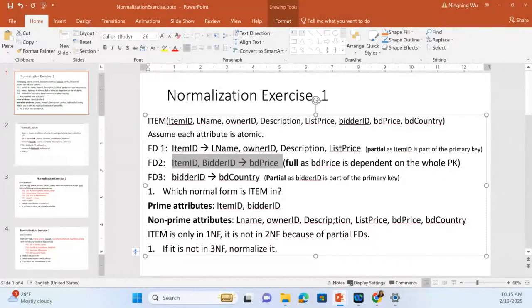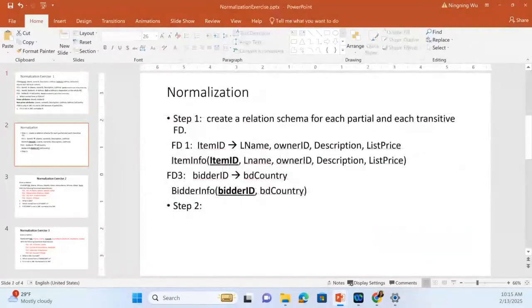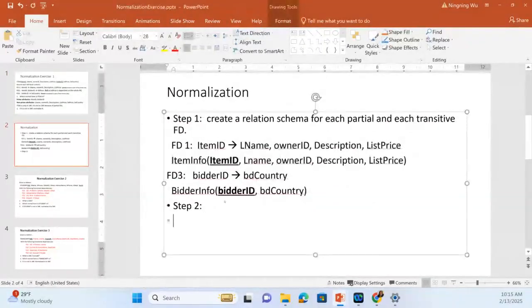So here we have the full functional dependency. So we just need to create the full functional dependency. Basically, I call it bid info, okay? It has item ID, it has bidder ID, it has bid price.